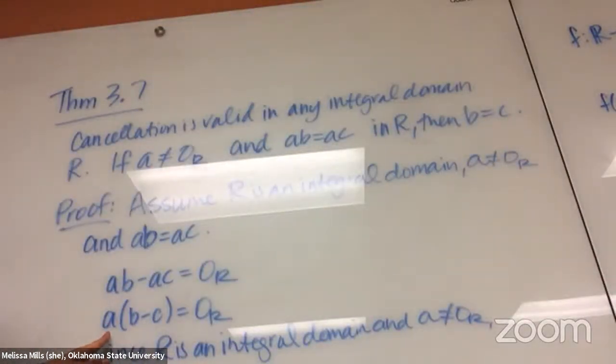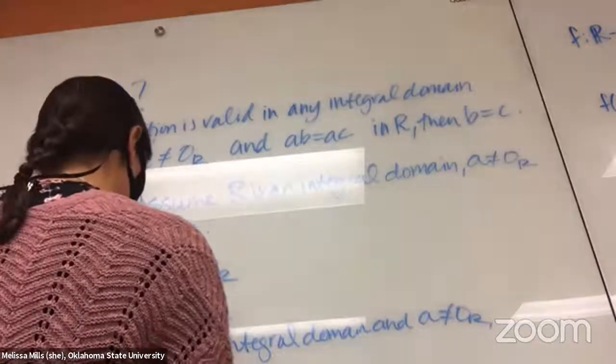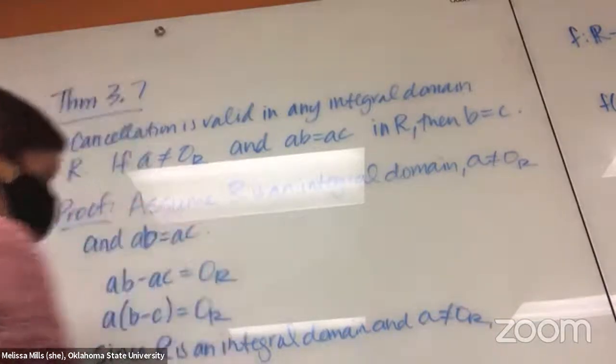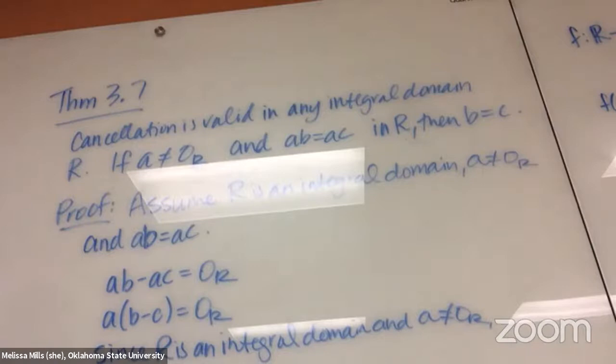So you can't multiply A by something and get 0 unless that thing is also 0. So B minus C equals 0R. And then we just add the C over and we get that.